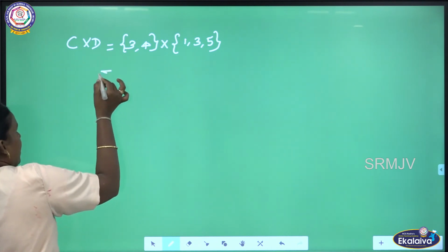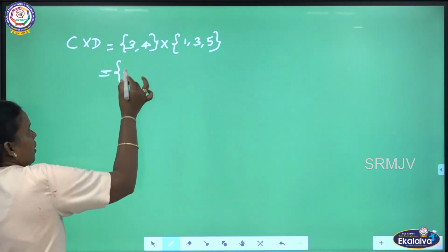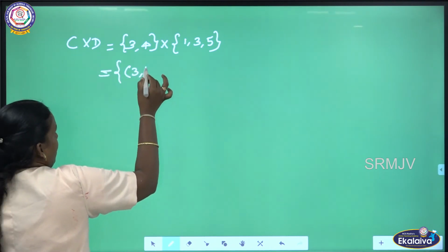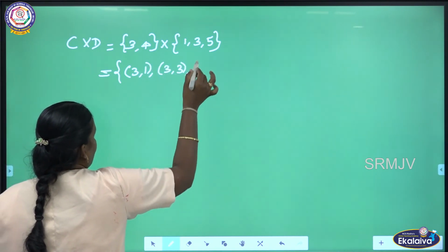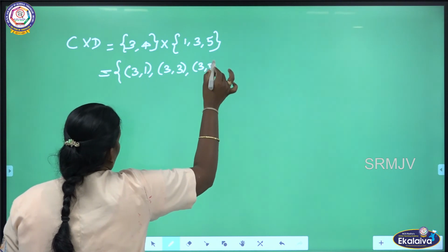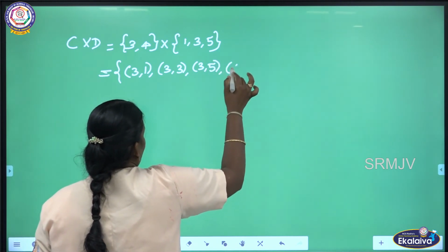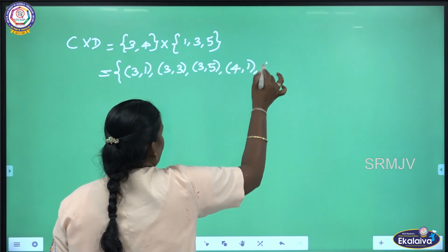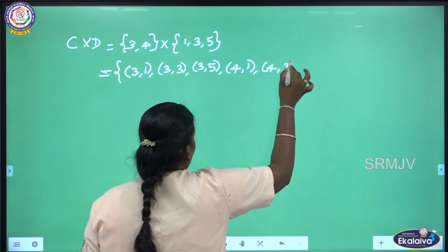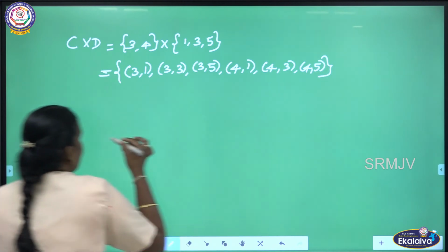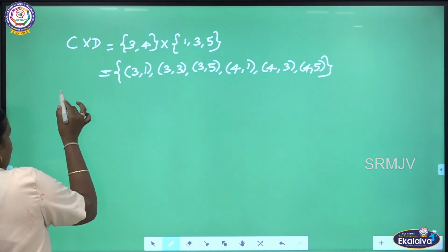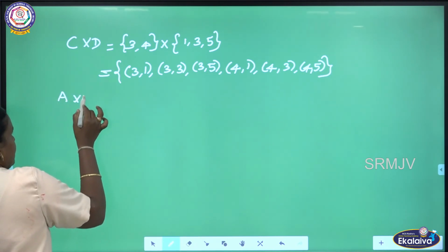We have to make a cross product for this C cross D. Take the first element: (3, 1), (3, 3), (3, 5). Then the second element: (4, 1), (4, 3), (4, 5).